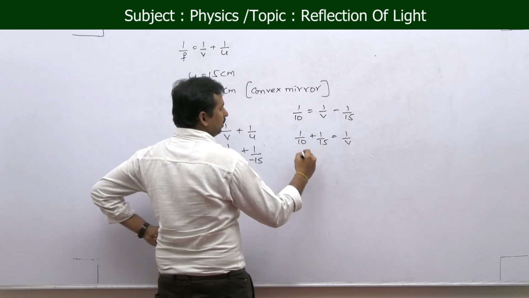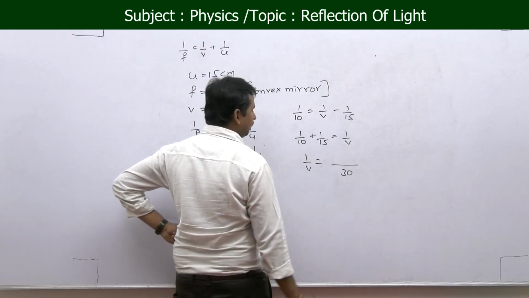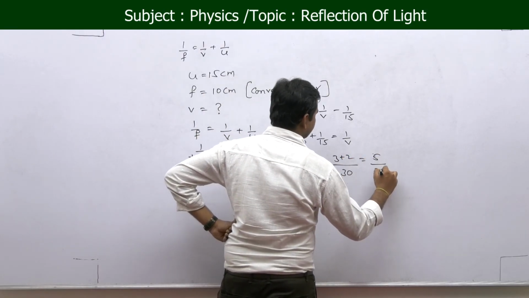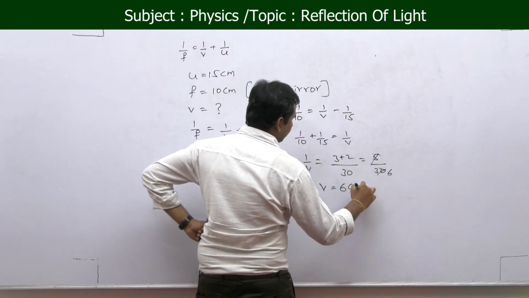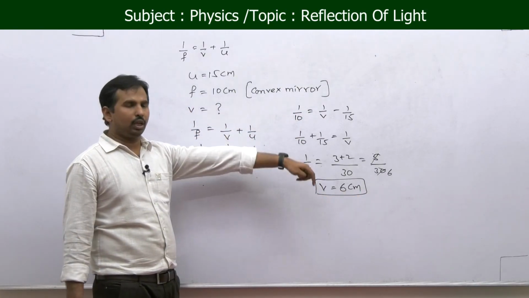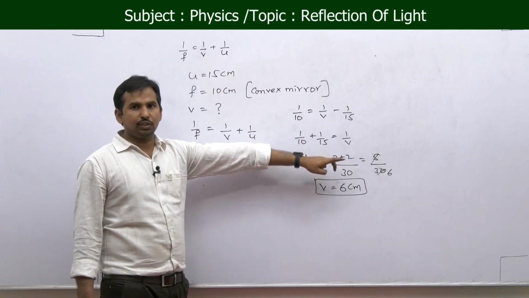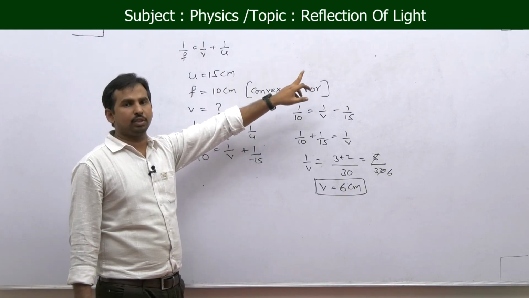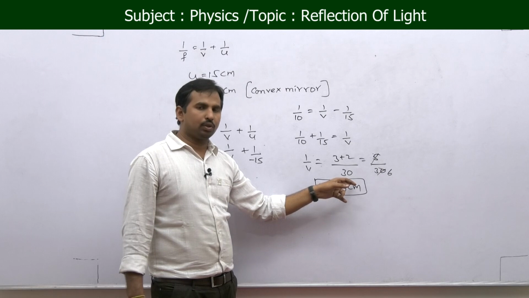Taking the LCM of 10 and 15 as 30, 3 plus 2 becomes 5 by 30, which is 1 by 6. Then v is equal to 6 centimeters. Here we got the image distance with a positive sign, which matches the convex mirror sign convention, where image distance is positive.